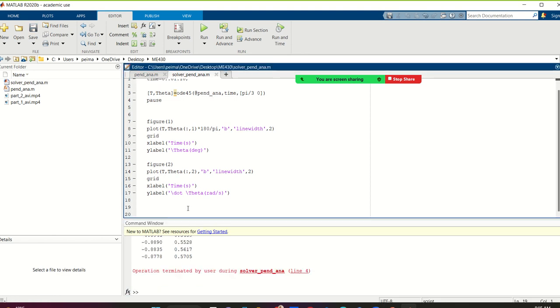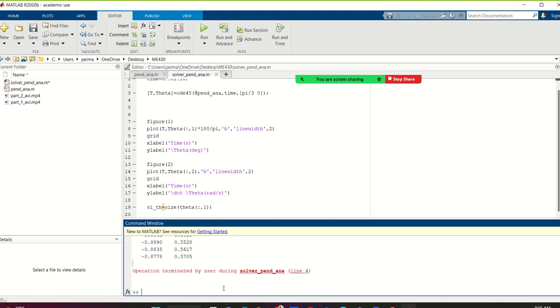So first of all, I'm going to take the size of this vector. Which vector? The size of the angle, the size of this theta. Let me show what it gives us. The size is a command in MATLAB that gives you the size of a vector.